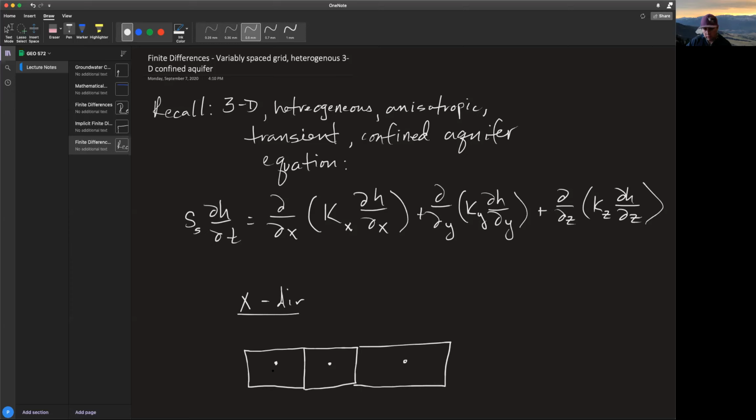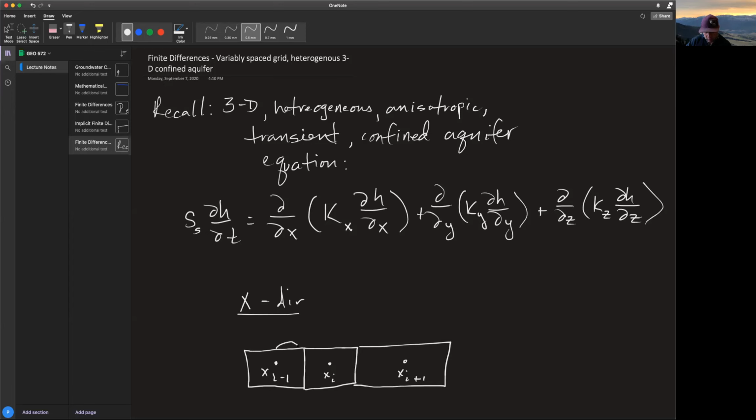So this would be x sub i minus 1, x sub i, and x sub i plus 1. And the spacing between these is different.